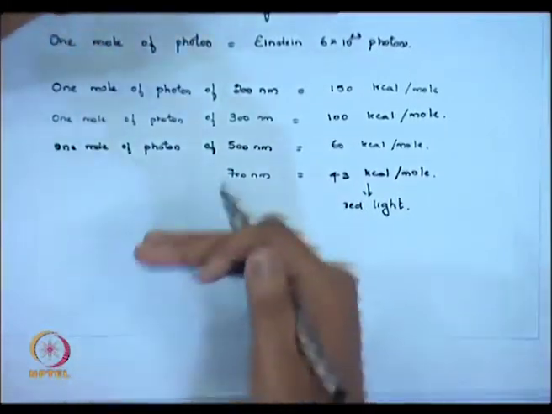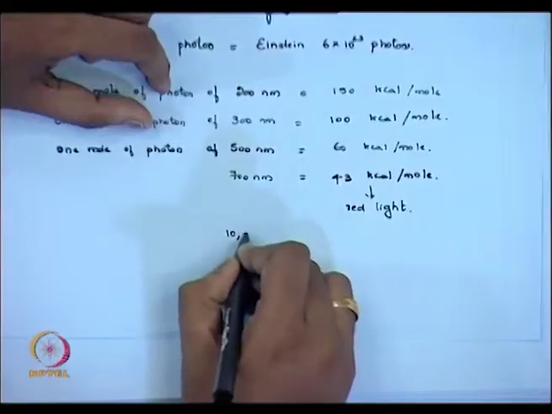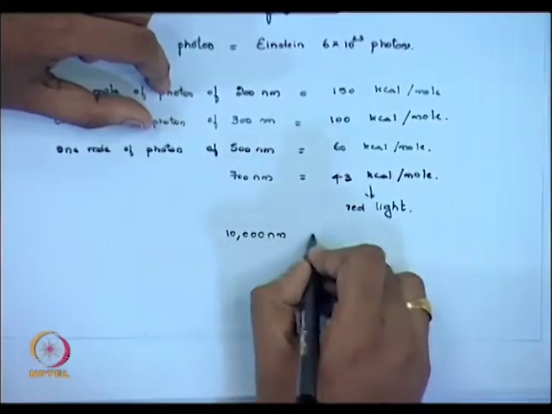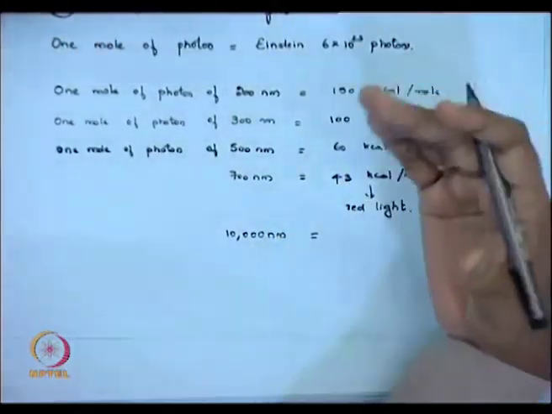That is good. If you want to move still further down, for example, if I take 10,000 nanometer, what will happen here? You don't get the possible electronic transitions which you are talking about. So, what are you going to expect in this region? You are going to expect just vibrational and rotational excitations.